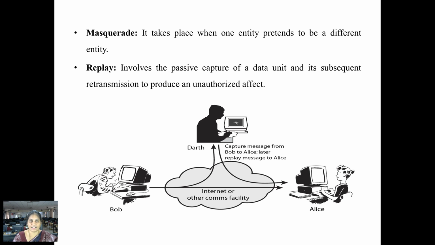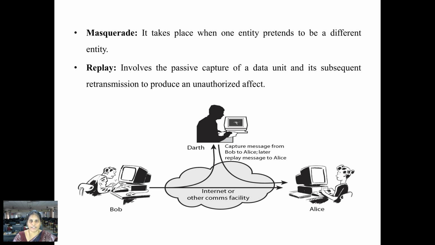As you can see in this diagram, again Bob is acting as a sender and Alice is acting as a receiver. Darth, the third person, is an unauthorized user who does not have permission to access the data. What he is doing here is, Bob is sending a message to Alice, but Darth is capturing the data forwarded from Bob.